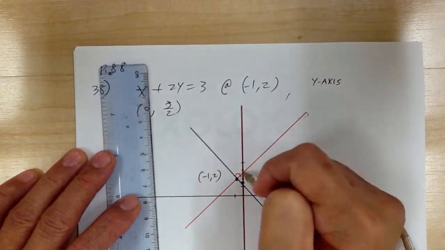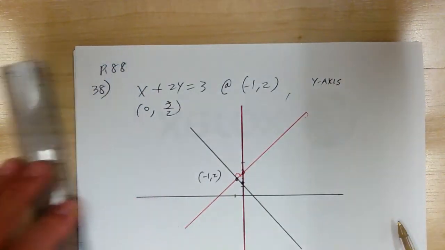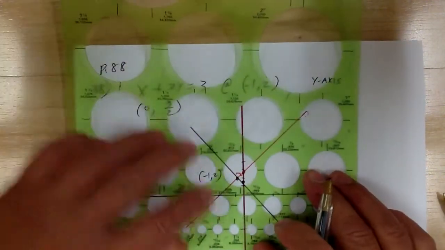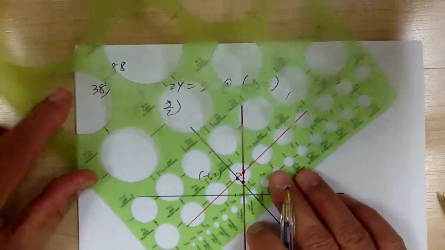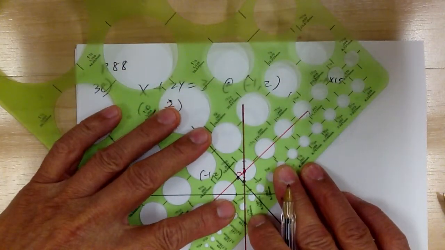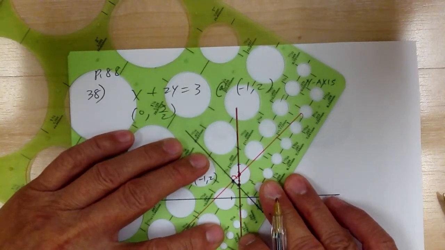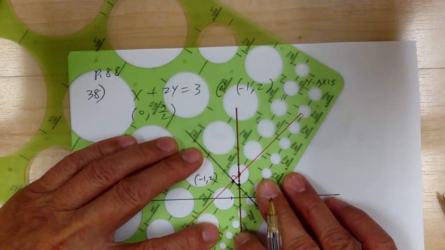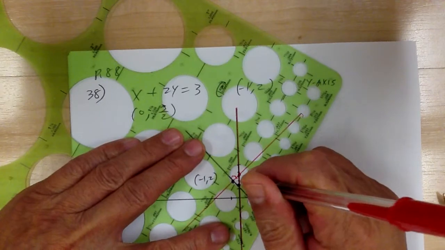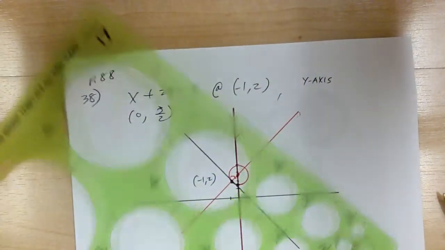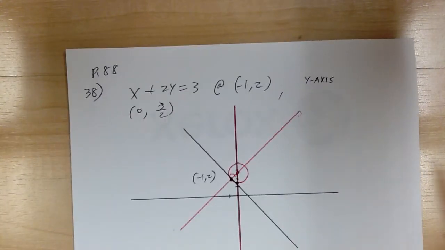From the picture you can see that the center is going to be over here, so your circle is going to be something like this. Now you have to go and solve.